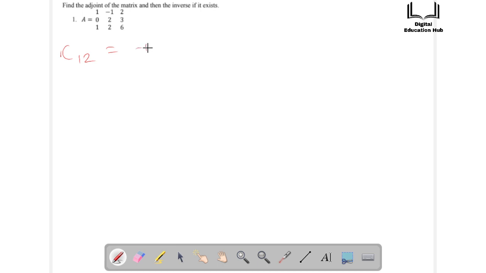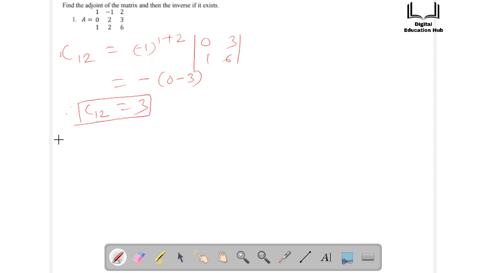Now we can find out C12. C12 is equal to minus 1 raised to 1 plus 2. Its minor is 0, 3, 1, 6, and we can say that this is minus 1. So minus of 0 minus 3, and that comes to 3. Now it is not necessary to write down that minus every time. So C13 is minus 1 raised to 1 plus 3.